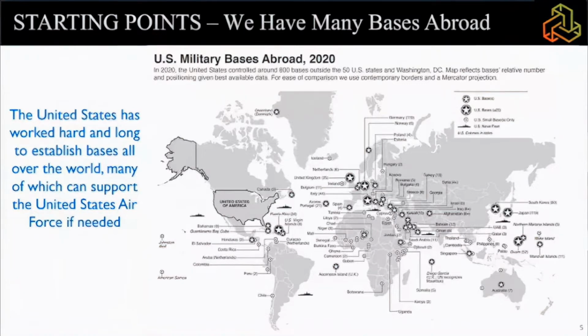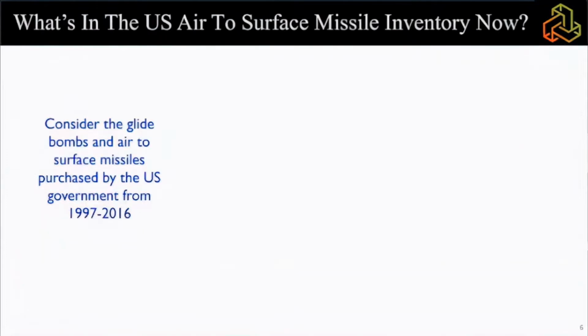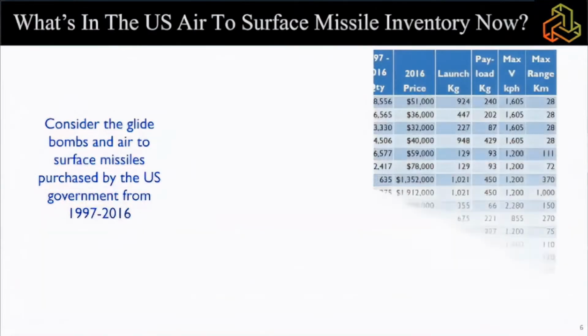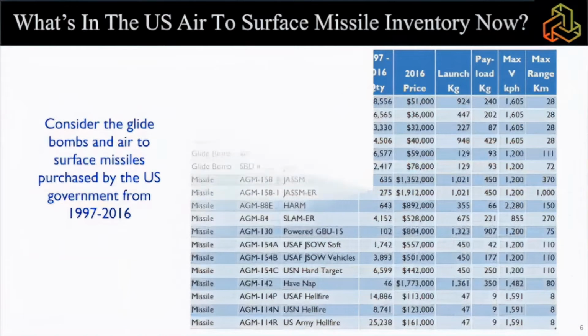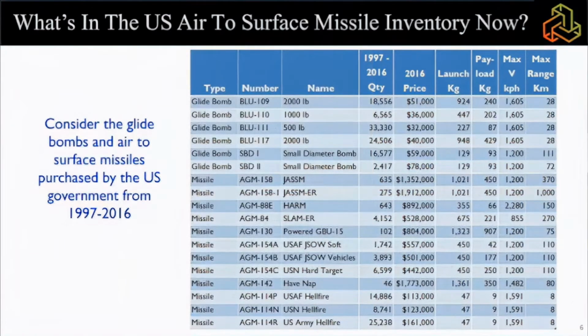So in order to figure out what you're going to be able to do with the missiles, you have to see what you have in the way of missiles. This is a survey I did a few years ago that shows all the smart bombs, also known as glide bombs, and the air-to-surface missiles that the U.S. had in their inventory over this 20-year period, beginning in 97 and ending in 2016.